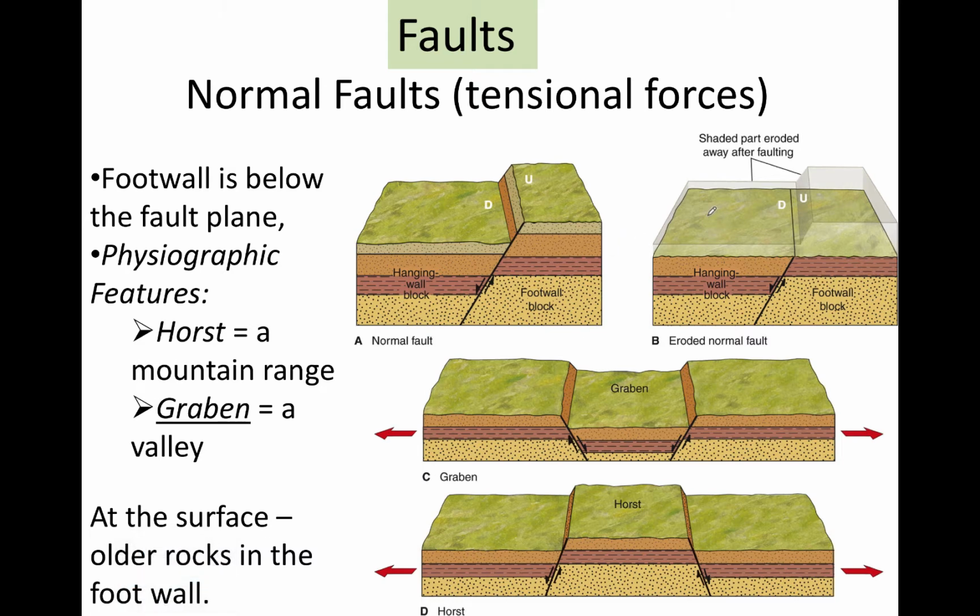The rocks in the hanging wall are young, and the rocks in the footwall are old, right? This layer, this brown layer here, which is offset, is older than this light brown layer. Okay? Light brown layer used to be here, but has been removed. So we have old here, and the younger layer exposed on top.